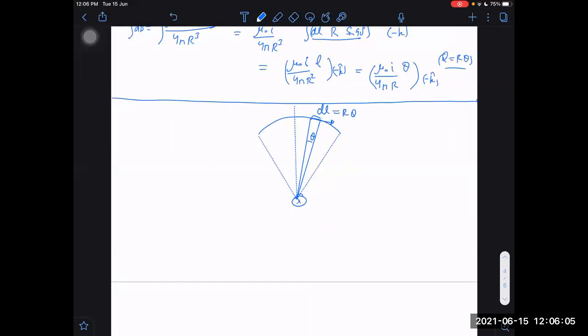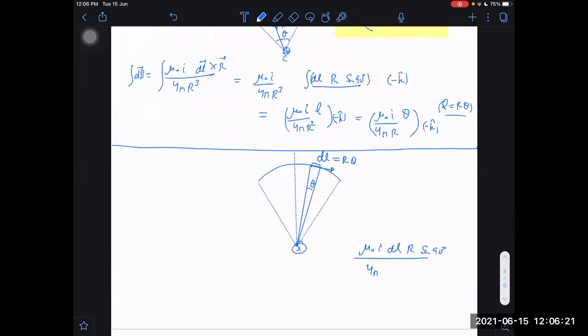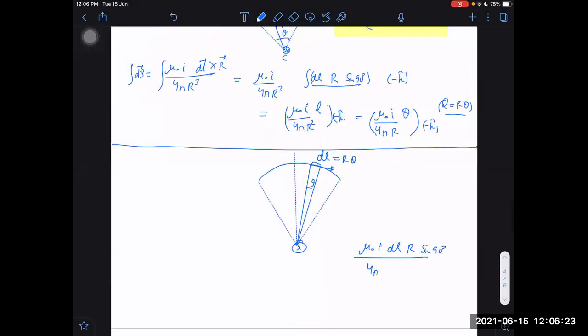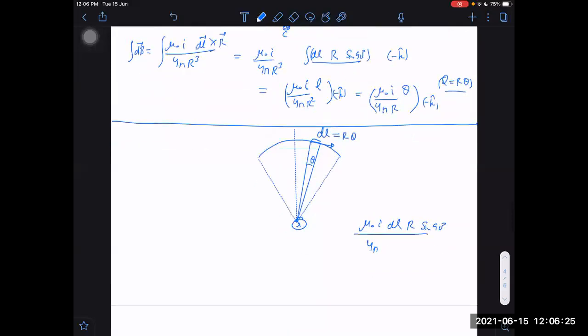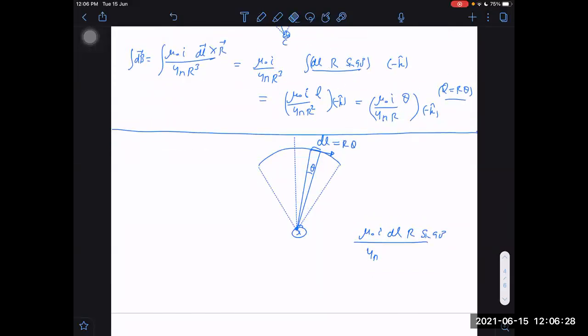Then it will be equal to mu naught into I into dl into R into sine 90 degrees upon R cubed. In this case there is no difference at all; it is exactly the same, so this one method is enough.